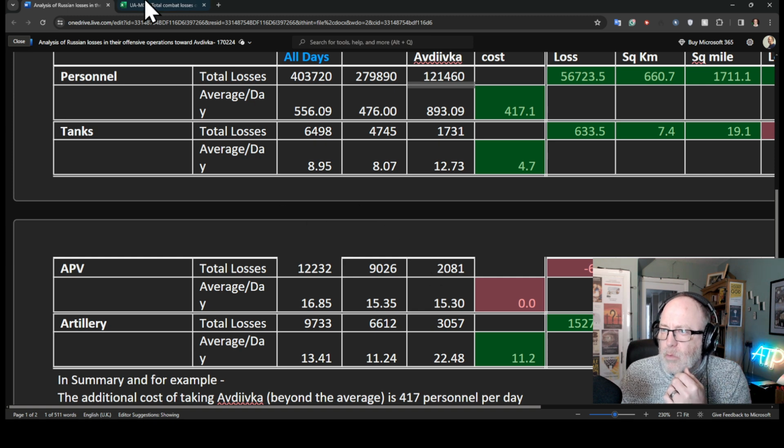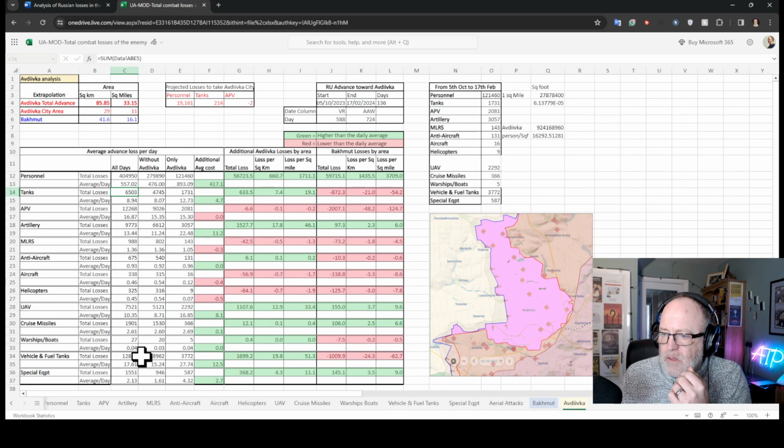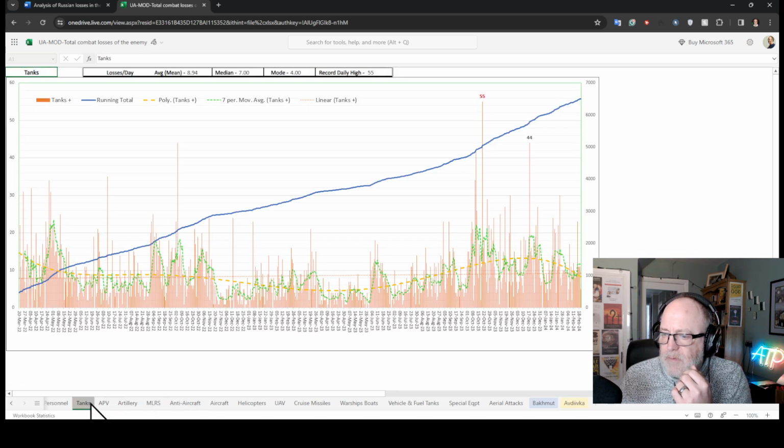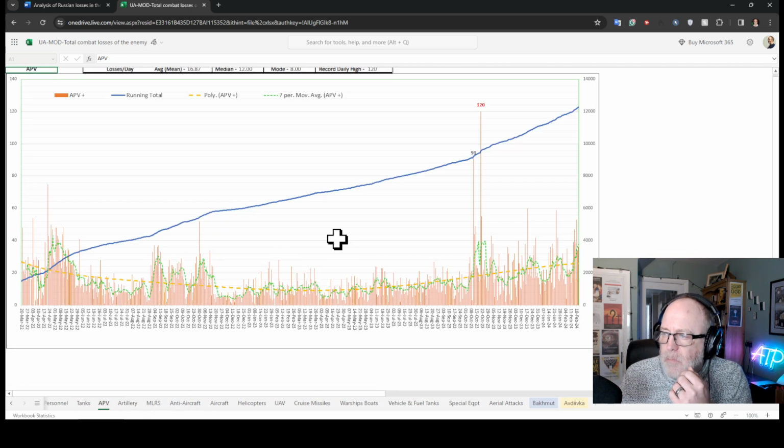But again, just to give you an understanding, if we look at APVs, we can see a big uptick here, but there's an uptick there and an uptick there. And actually, when you spread these upticks over the whole of the data set, then it looks like what Avdiivka is presently.